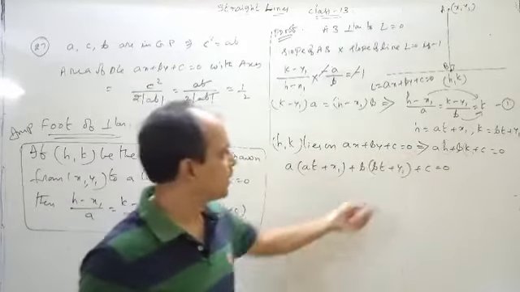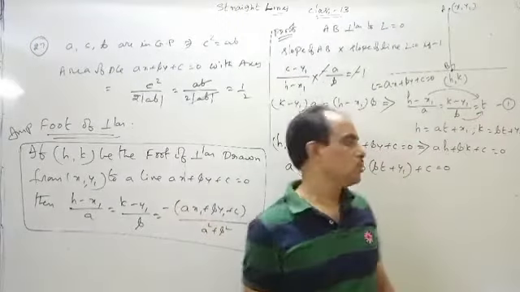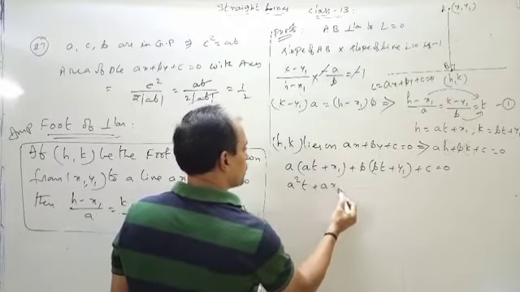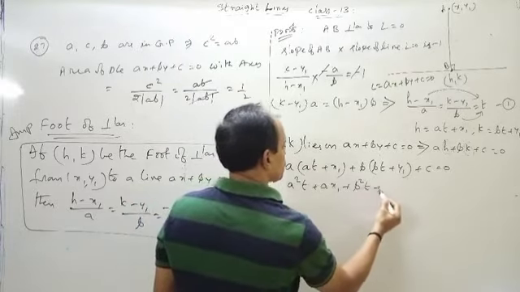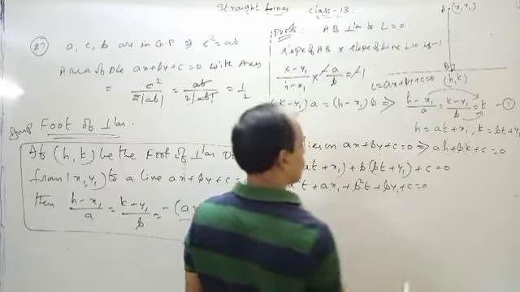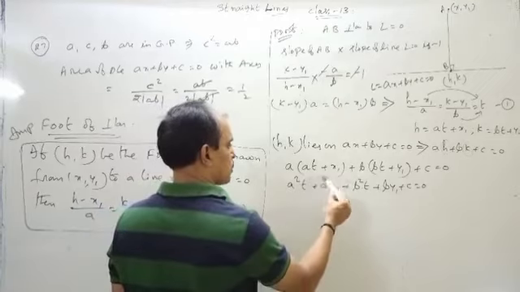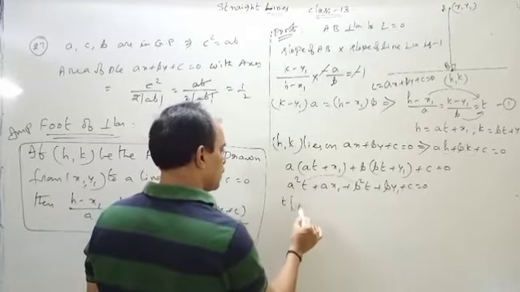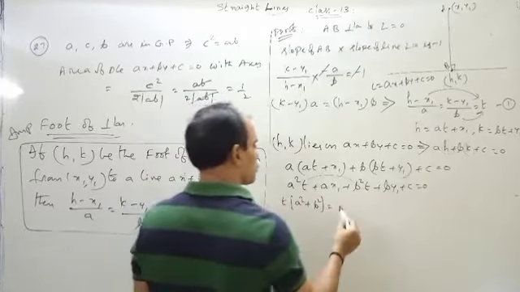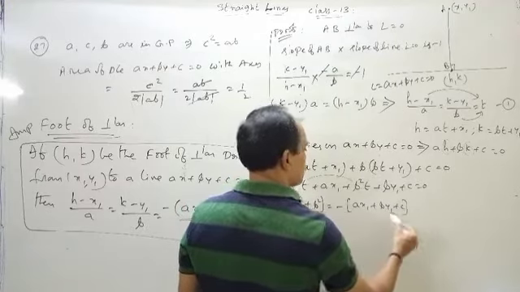What we are going to find? The value of t here, because we are going to prove t is equal to this one. So a square t plus ax1, b square t plus by1, plus c is equal to 0. So you take t terms on one side: t of a square plus b square is equal to, you take the remaining terms to another side, that is ax1 plus by1 plus c.